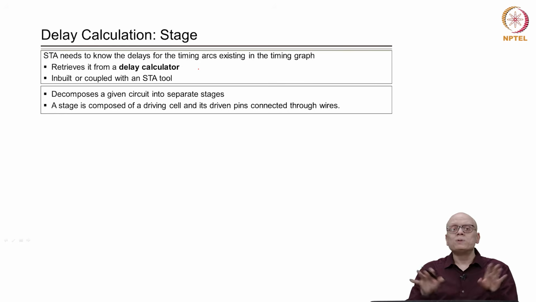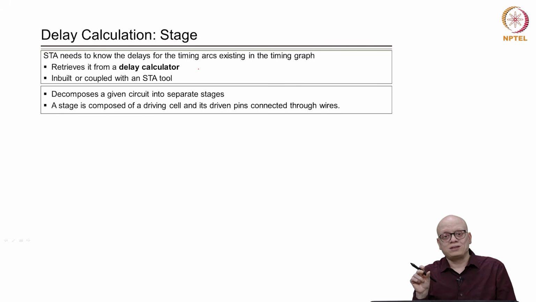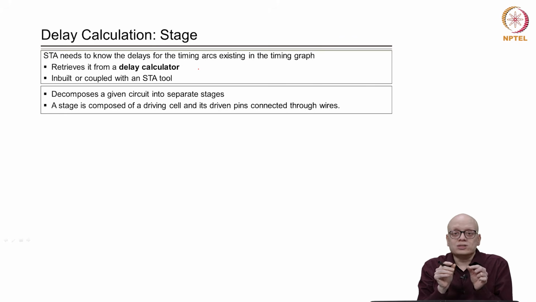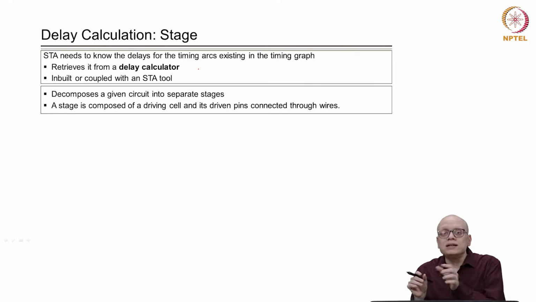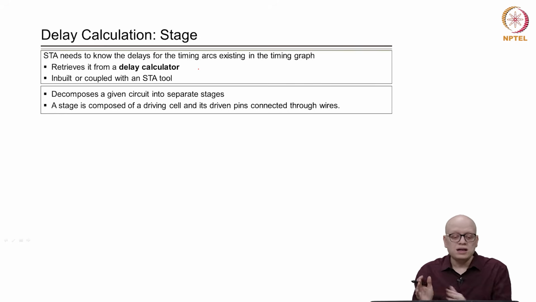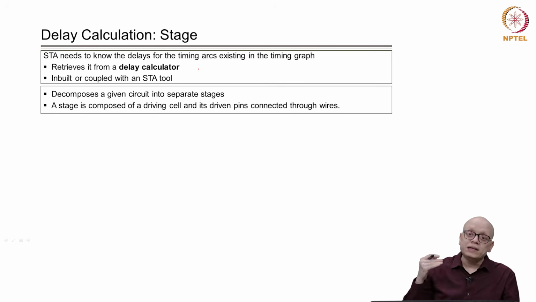Given a complicated circuit, the tool computes the delay in small steps. It decomposes a large circuit into smaller circuits and then invokes the delay calculator on each small circuit in sequence, right. So, how does a tool decompose a big circuit?